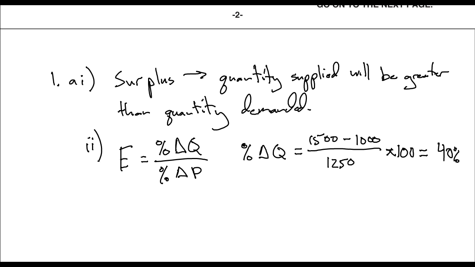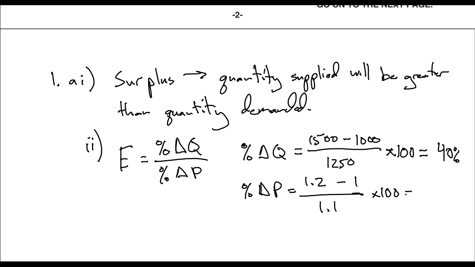Next thing I've got to do is my percent change in price. We went from $1 to $1.20, so I've got 1.2 minus 1. The midpoint of those is 1.1, times the 100. And what I'll get is 0.2 over 1.1, which is 18.1818 percent.